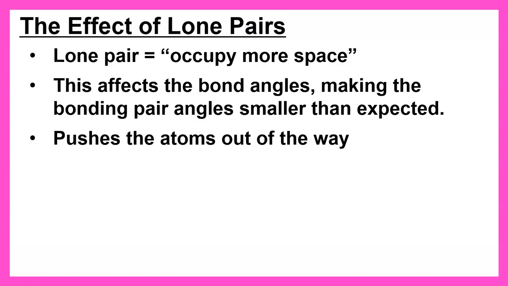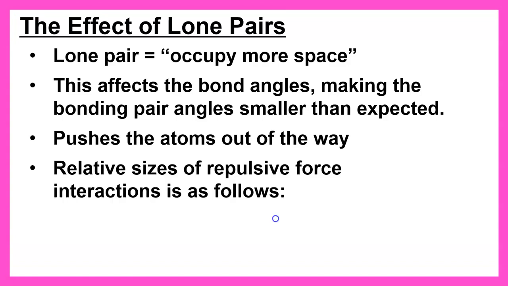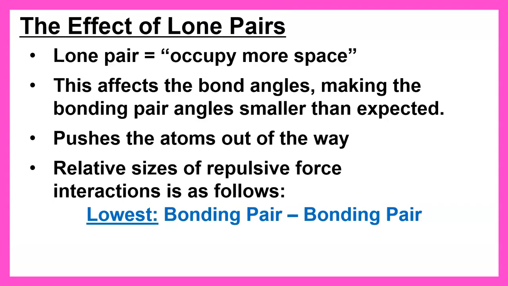Now, if you want to think kind of in general terms about which combos of electron pairs end up with the most amount of repulsive forces, the lowest amount of repulsive forces would be between 2 bonded pairs. That's when you have your perfect bond angles, when all you have are atoms.